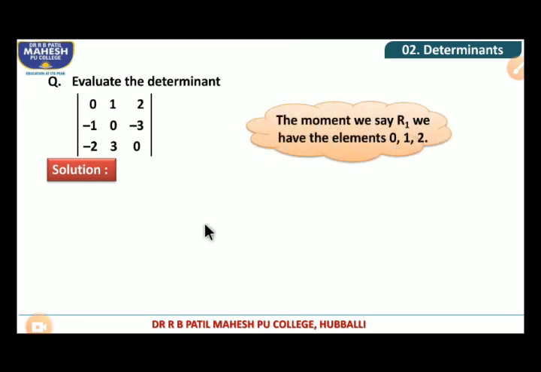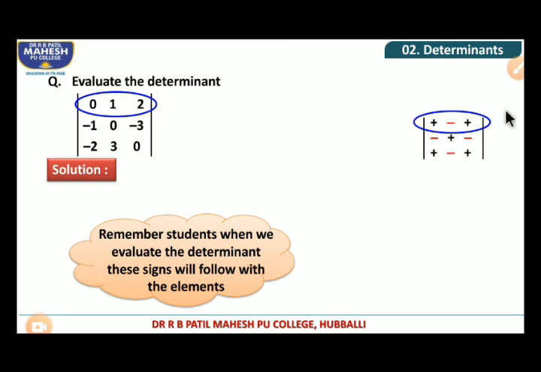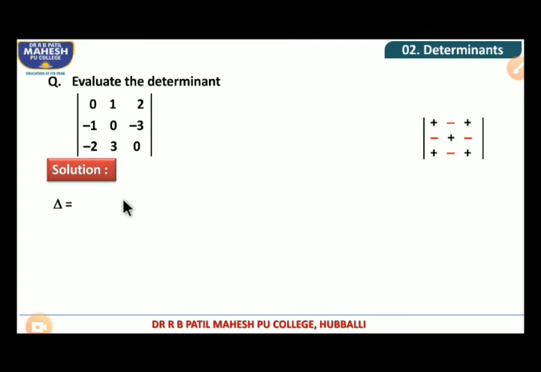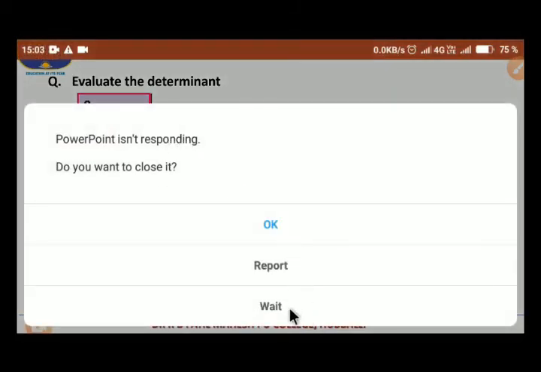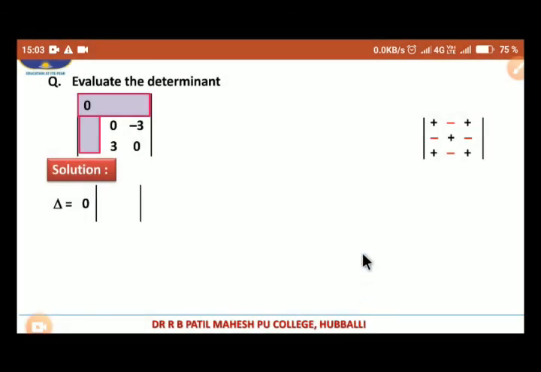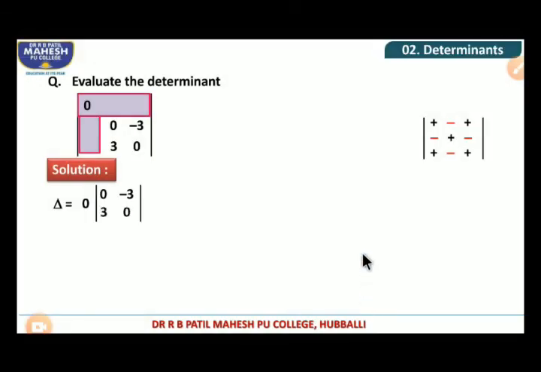So, we have the elements 0, 1, 2, and keep remembering these signs for evaluation. Now, the value of the determinant is equal to the first element 0, which has the sign plus here. So plus 0 into the determinant, because we have to delete the first row and first column: 0, -3, 3, 0.